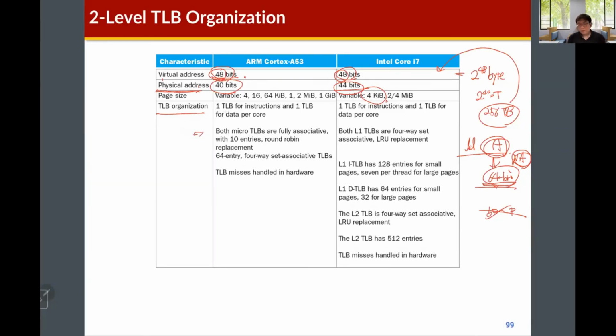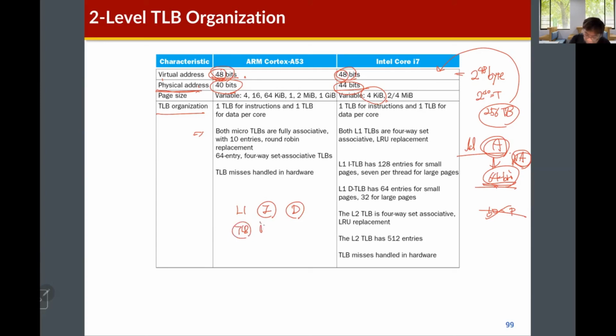I said that the TLB is also a cache for the page table. For the L1 cache, the instruction cache and data cache are split. In the TLB, it's the same.